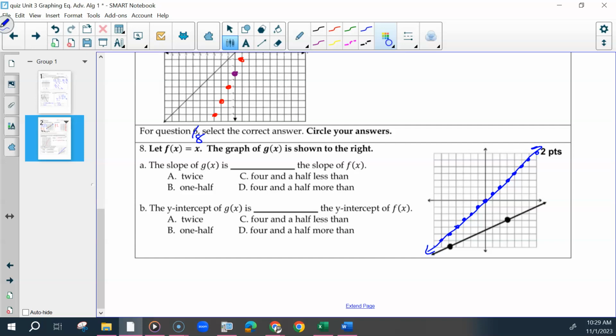The slope is for this one. If you find points that cross the grid lines exactly, the slope would be 1/2. And then the y-intercept compared to the original is down 4.5.